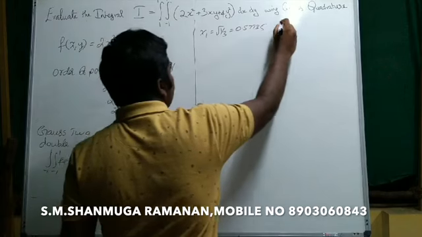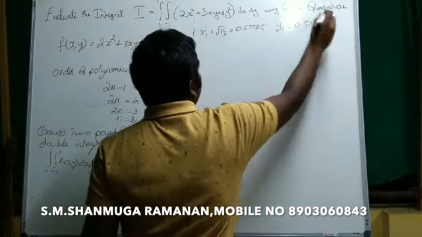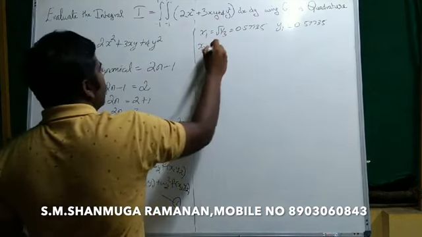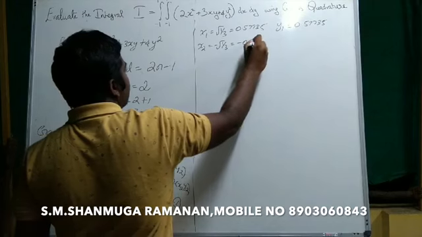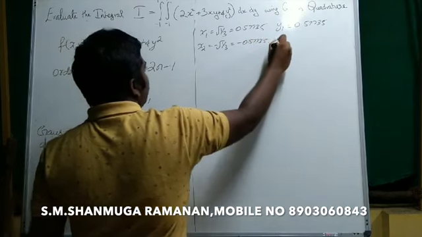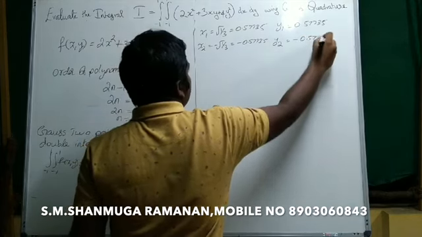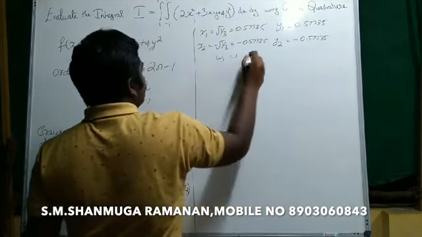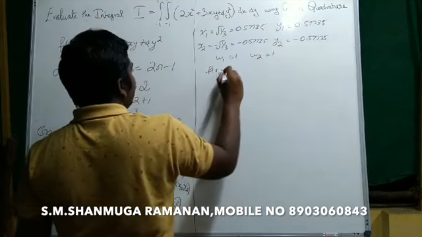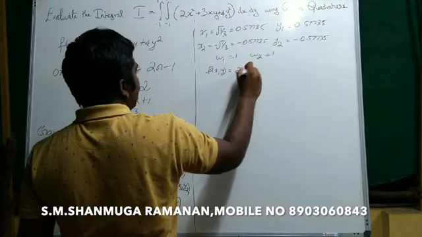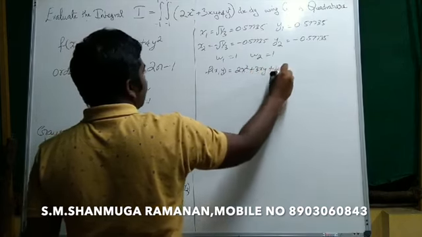Similarly y1 is also 0.57735. x2 = minus root of 1/3, which equals -0.57735, and similarly y2 = -0.57735. w1 = 1, w2 = 1. Here f(x,y) = 2x² + 3xy + 4y².